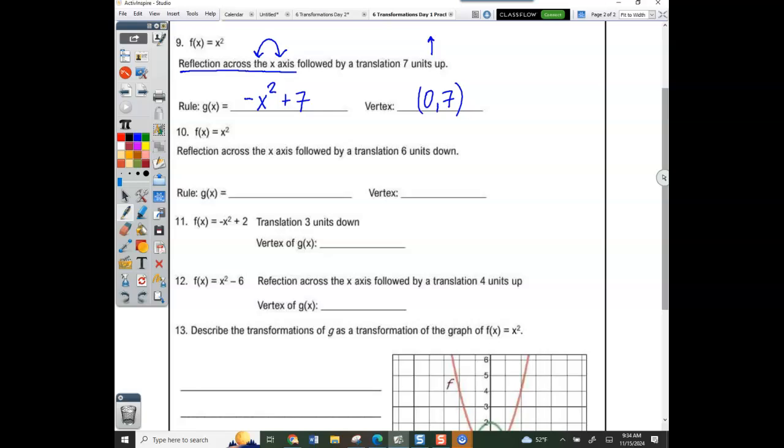What would this do? Just like this one. That's a y. What'd you get? What's the vertex? -6, right? Because it's dropping down.